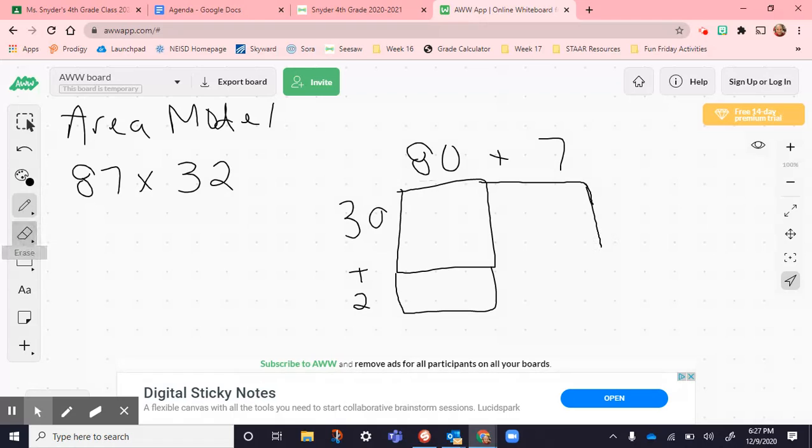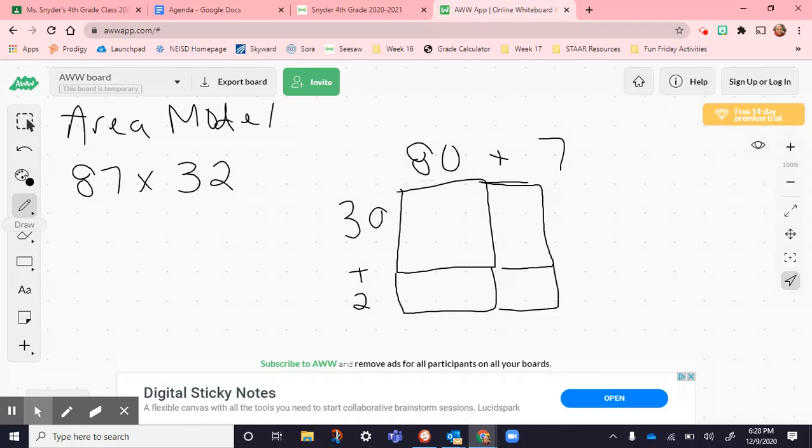Oops, I made that too far. Come on, eraser. All right, so that's not drawn to size, but you get the idea. They're drawn, so the biggest value would be this first one.